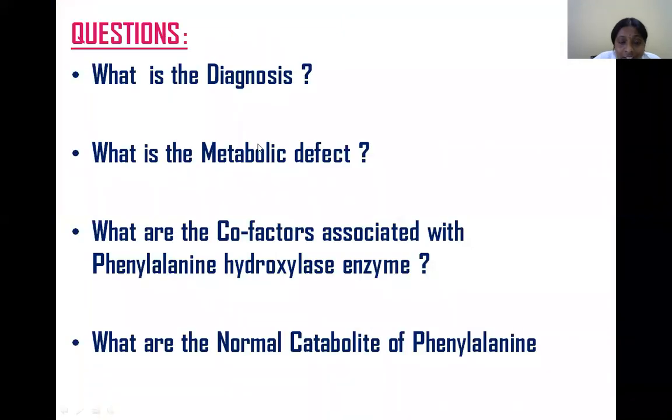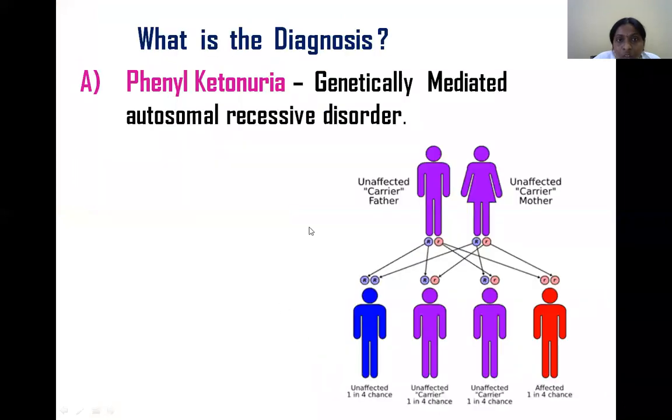What is the diagnosis? What is the metabolic defect? What are the cofactors associated with the phenylalanine hydroxylase enzyme? What are the normal catabolites of phenylalanine? What is the diagnosis? Phenylketonuria, a genetically mediated autosomal recessive disorder.